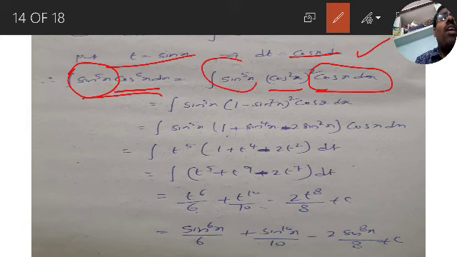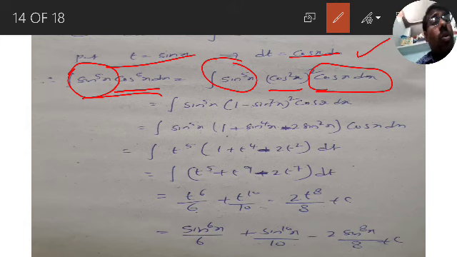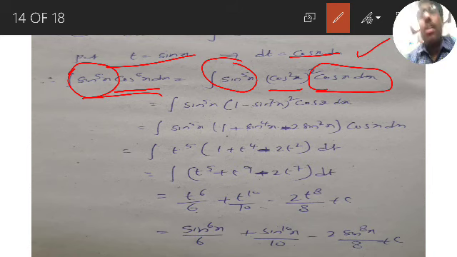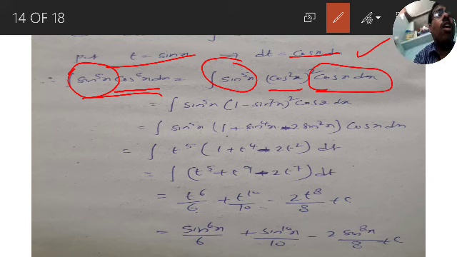Sin power of 5 you can write as t power of 5. Only problem is with cos square whole square. Cos power of 4 can be written as cos square whole square. Now cos square can be written as 1 minus sin square, whole square, that is a minus b whole square.